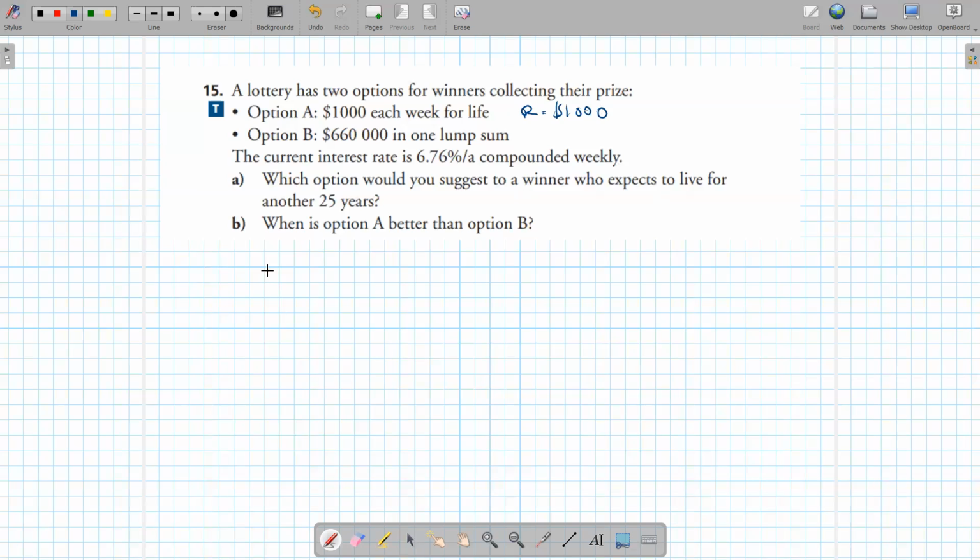Option B, we know the present value. Lump sum means he's going to get this cash today, yeah? This is his present value. I is 0.0676. Again, we did this before. How many weeks in a year? 52. How many bi-weeks in a year?